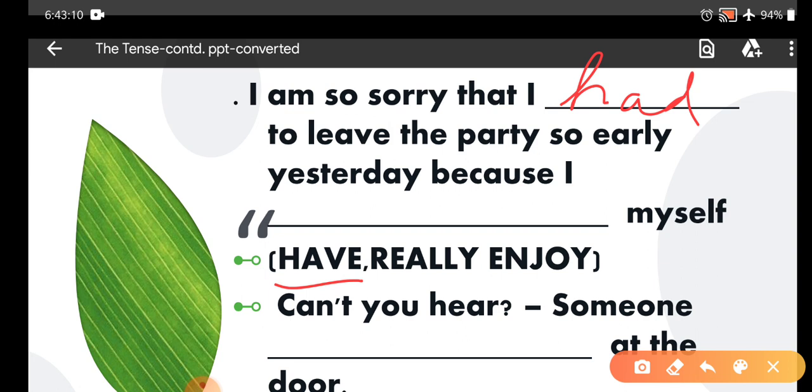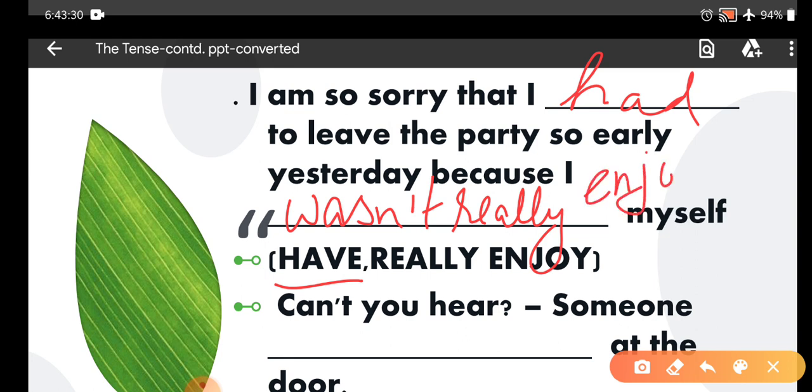So here we'll fill in the negative form. Say it again. I am so sorry that I had to leave the party so early yesterday because I wasn't really enjoying myself. Okay?